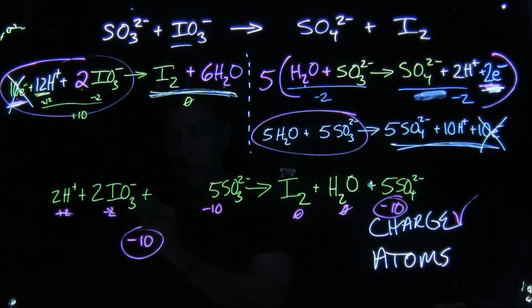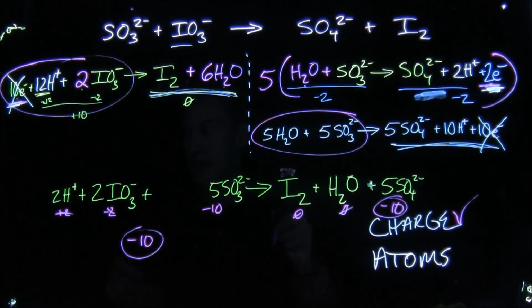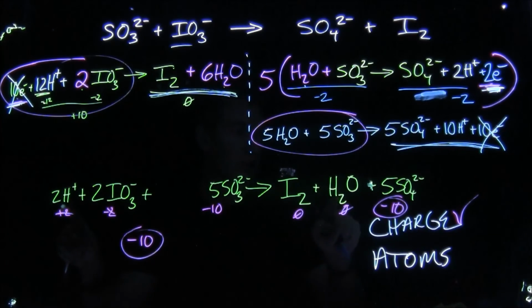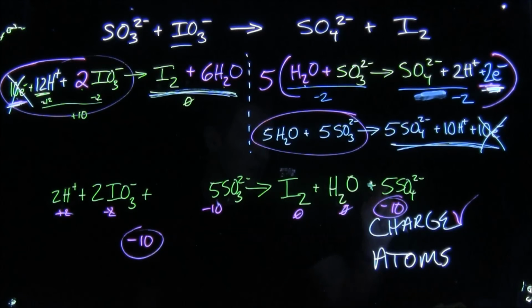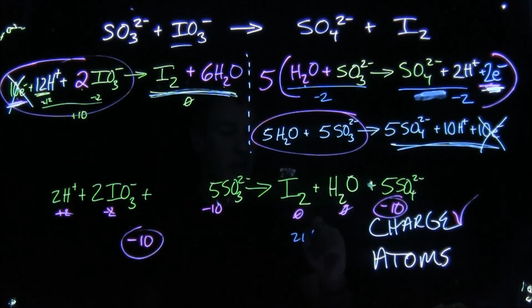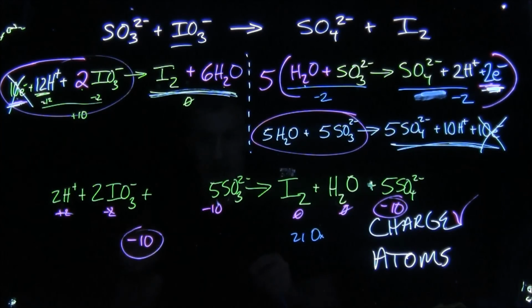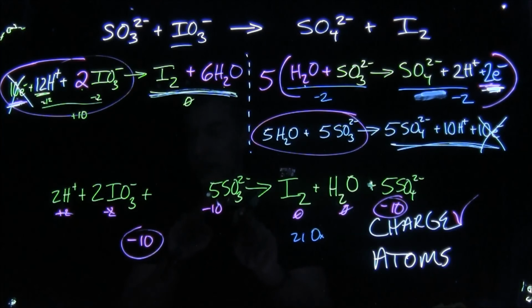And then let's count it up in terms of atoms. You've got 2 iodines, 2 iodines. You got 2 hydrogens, you got 2 hydrogens there in your water. You got 5 sulfurs, 5 sulfurs. And then oxygen's the last thing. You got 5 sets of 4 and an extra one, so that's 21 oxygens on the product side. You got 5 sets of 3, that's 15.